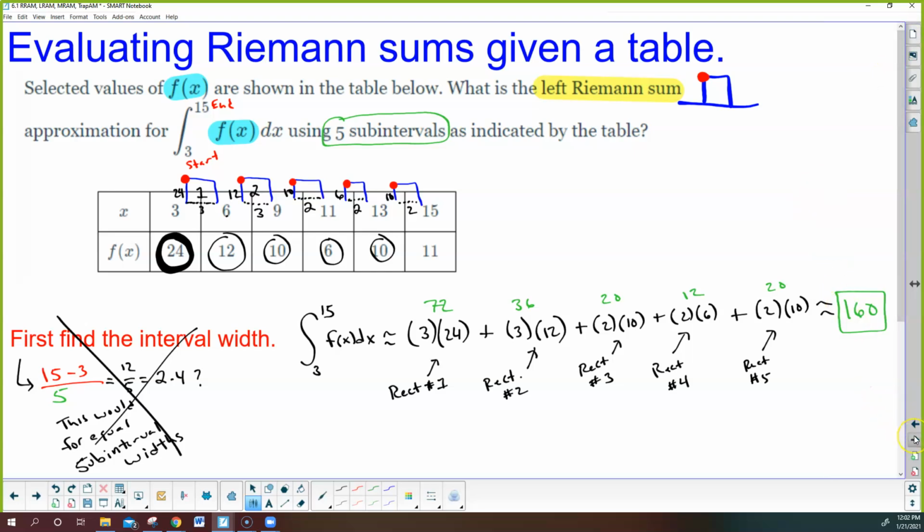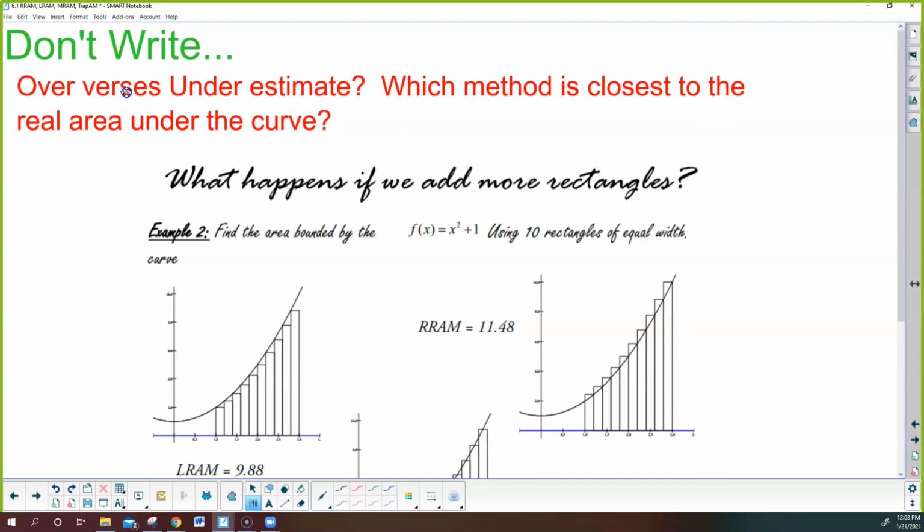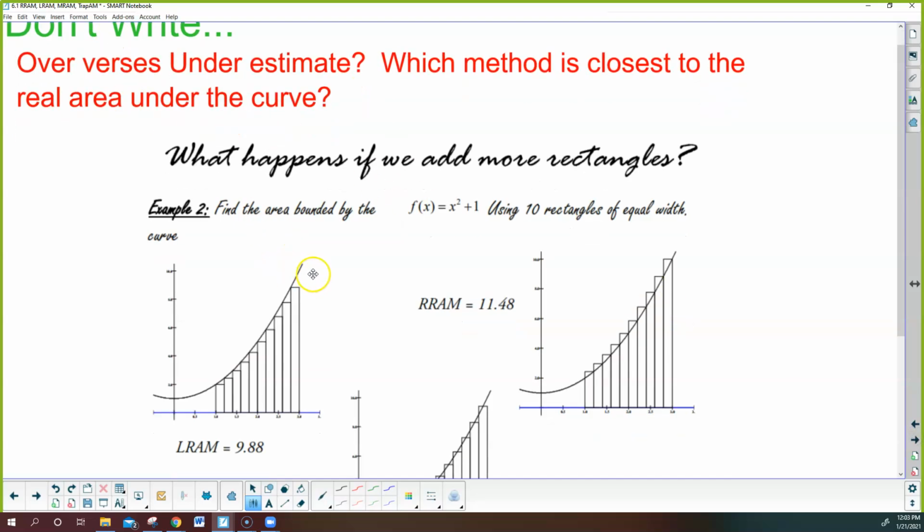Okay, I want to show you a couple of things here just so you guys can get an understanding. And it's a visual, don't write these. What is the difference between a left RAM and a right RAM if the function is increasing or decreasing? Look at this just quick graphically.